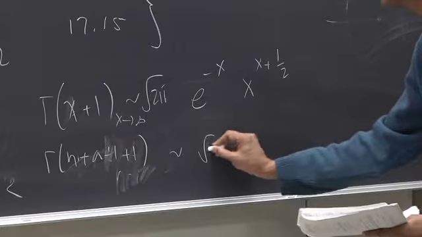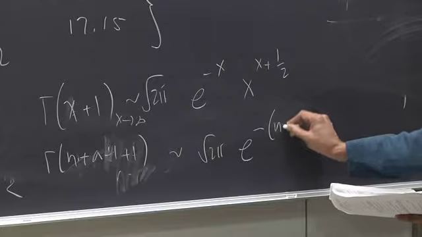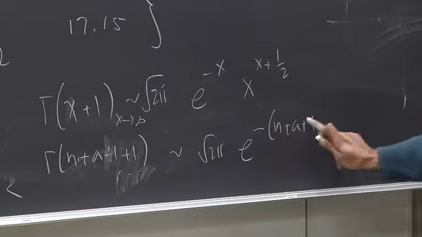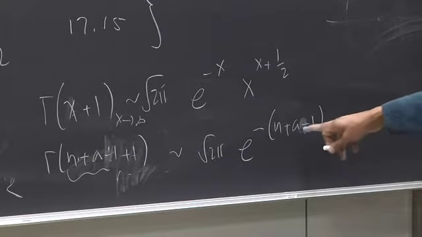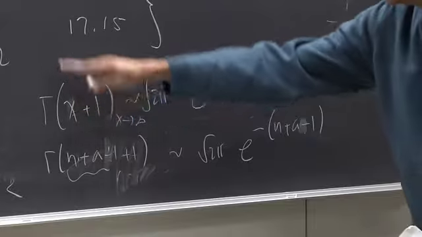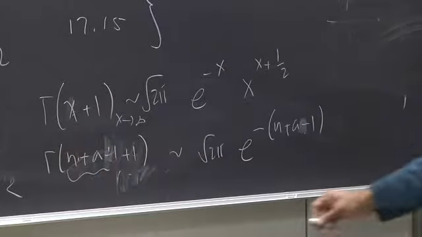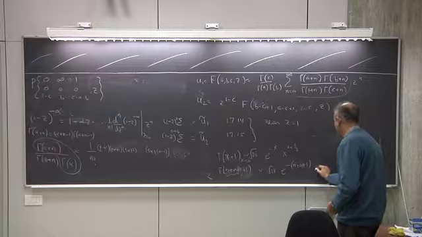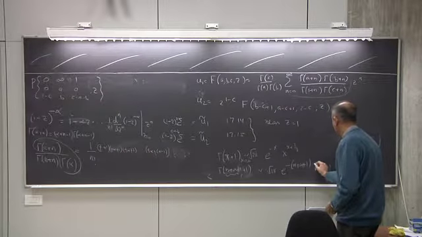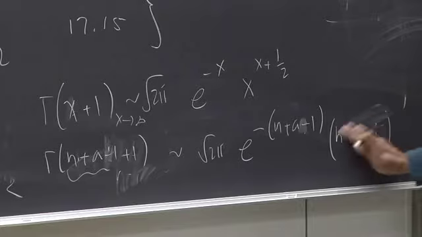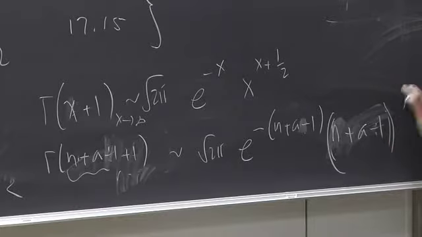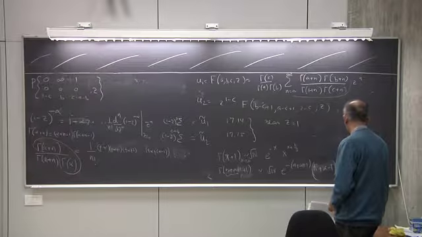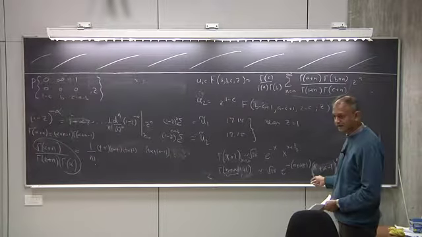So this behaves like root 2 pi e to the minus n plus a minus 1, just taking x equal to that. Because a is something fixed, when x goes to infinity it is the same as n going to infinity here. These are finite quantities. And then you have n plus a minus 1 to the power of n plus a minus 1 plus half, so n plus a minus half. Right? This is the general behavior.